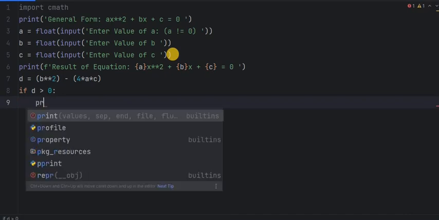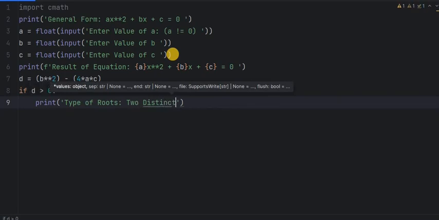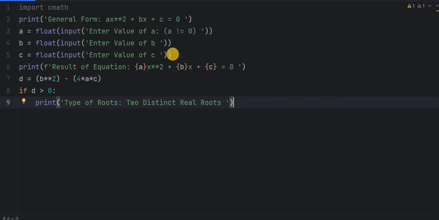We're going to have print, type of roots, we have two distinct real roots. So when d is greater than 0, we're going to have two distinct real roots.